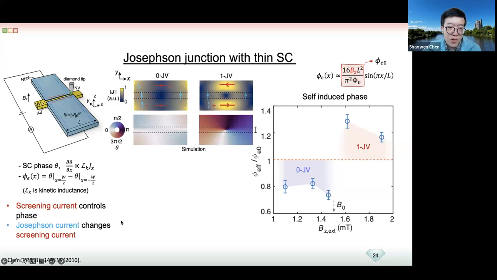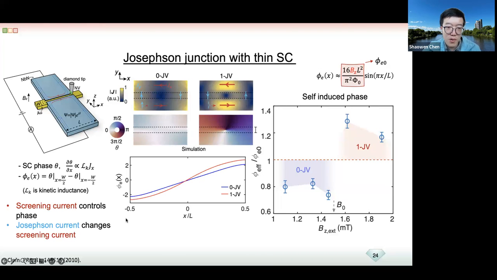This means that essentially our Josephson current will also change the screening current and thus change the effective phase across the junction, right? So we can do some simulation and indeed see that, for the 0 and 1 vortex case, the phase across the junction is different. And this is essentially a phase that is induced by the kinetic inductance of the thin film, because this phase gradient of the superconducting phase is proportional to the kinetic inductance times the screening current.